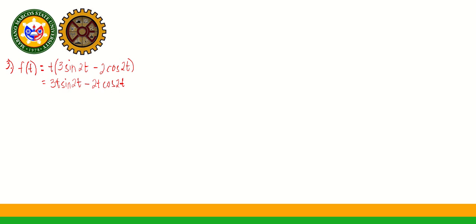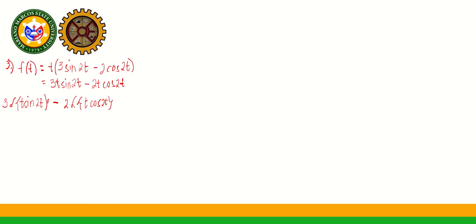So, what we will do is to separately get the Laplace transform of these terms. So, Laplace of 3t cosine, hindi, wait lang. I-separate na rin natin yung constant niya, which is si 3, and then this will be equal to t sine 2t. Okay? And then minus 2 being the constant, and then the Laplace of t cosine 2t. Okay?